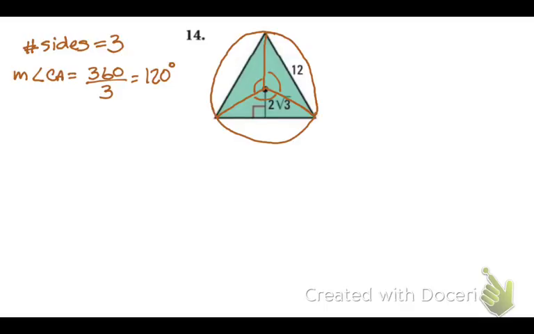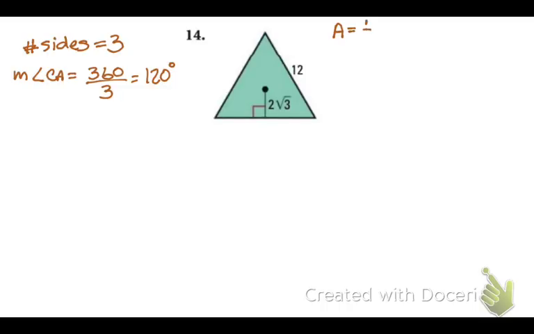Okay? So I'm going to erase this stuff just because it gets a little messy. So we need to use one of our formulas that we talked about 2 pages ago, remember?